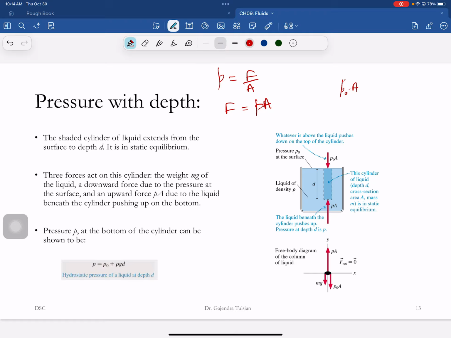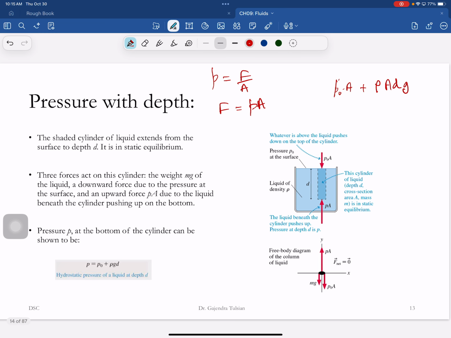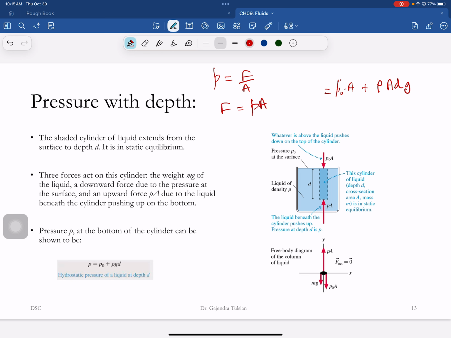And the weight of this liquid column is the density of the liquid times the area of cross-section times depth times g. Oh, I got the depth there. So that's the depth. Yeah. And that should equal this upward force, which is P times area.